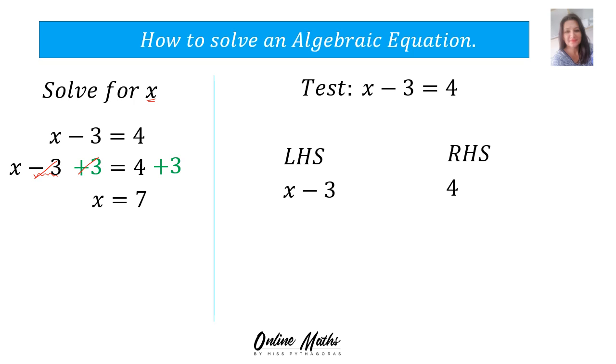So now you're going to test whether this number, x is equal to 7, your solution, satisfies your equation. So in x's place, I will substitute 7 on the left-hand side. 7 minus 3 is 4, and the right hand side is 4. Therefore, the left hand side is equal to the right hand side. Therefore, I solved x. X is equal to 7 is the right solution.